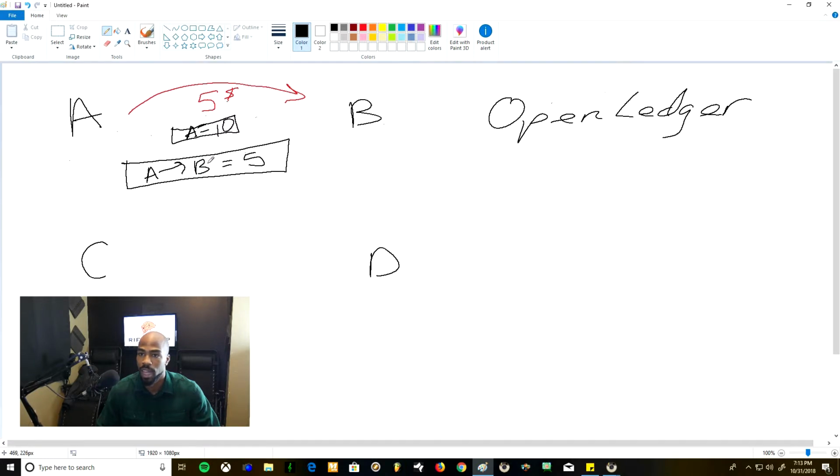So everybody can see on the ledger that A had $10, so obviously he's able to transfer $5 to B. So now B has $5.